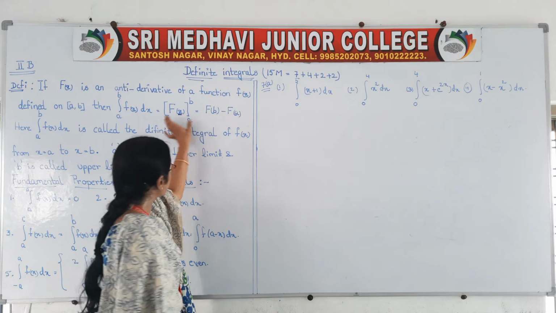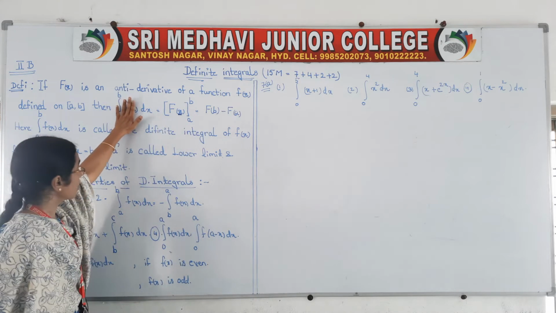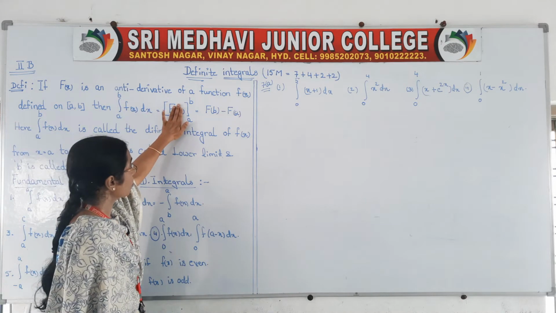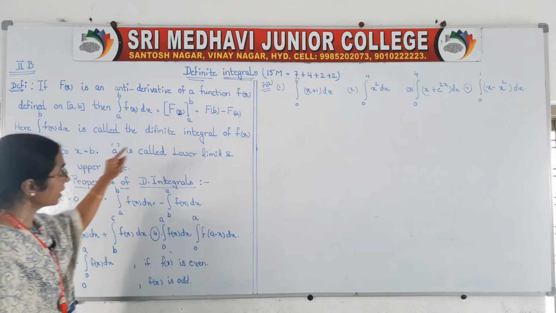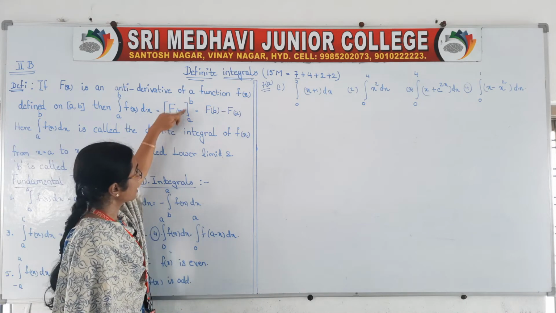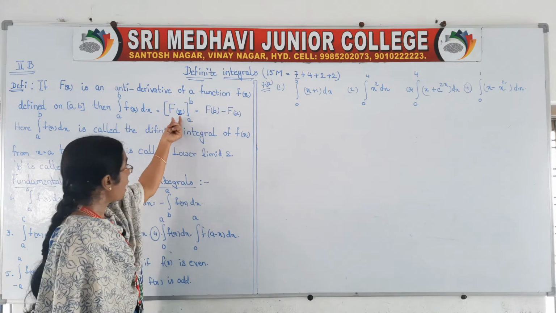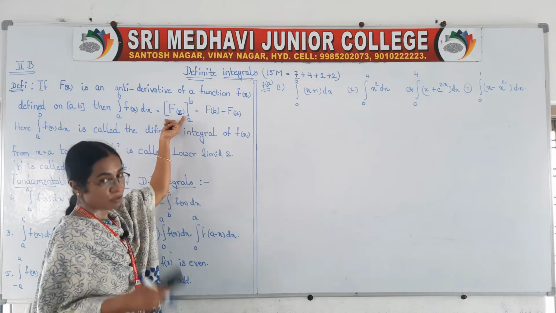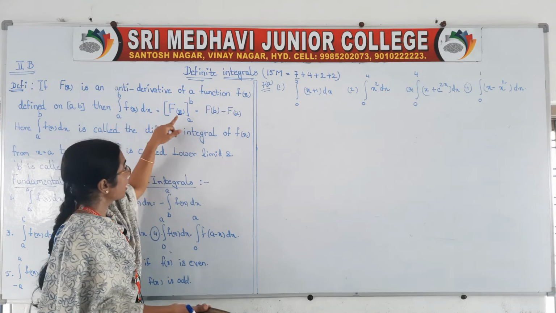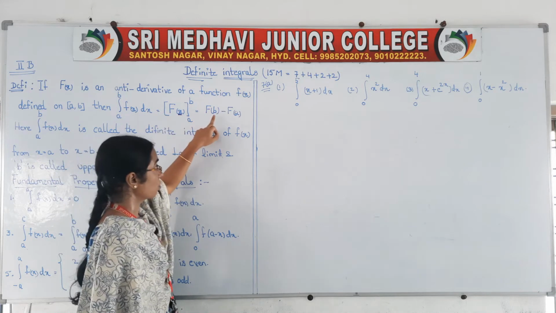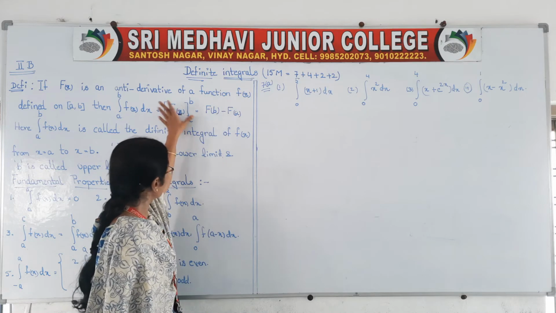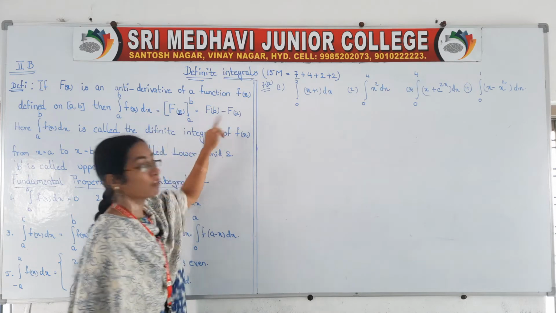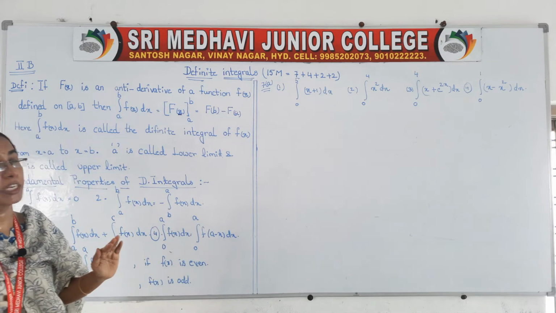So that's why in this function, after the integration, we have to write the limit values a to b on the right side. After that, in the derived function, wherever x is there, first we have to substitute the upper limit minus, in that function wherever x is there, we have to substitute the lower limit.